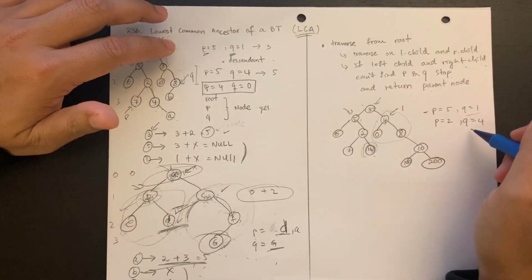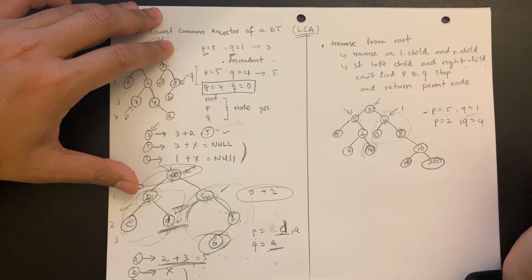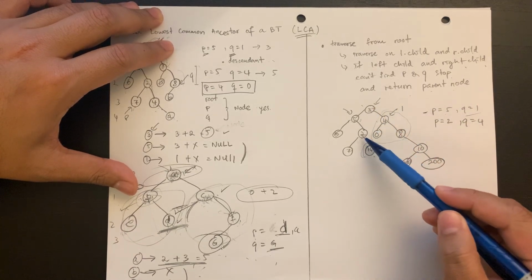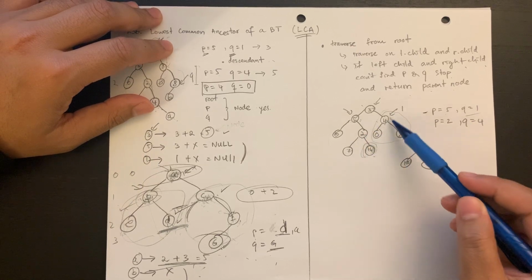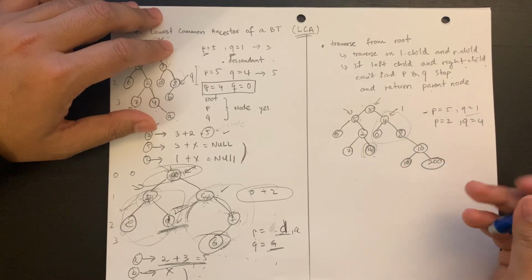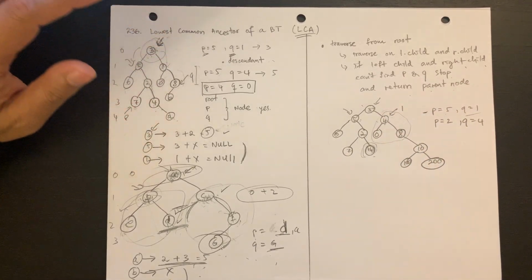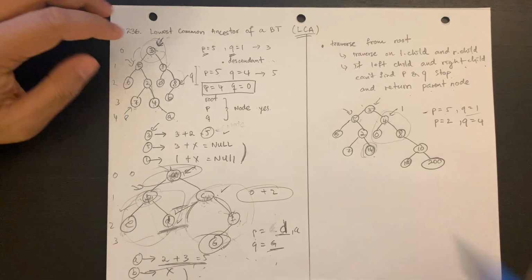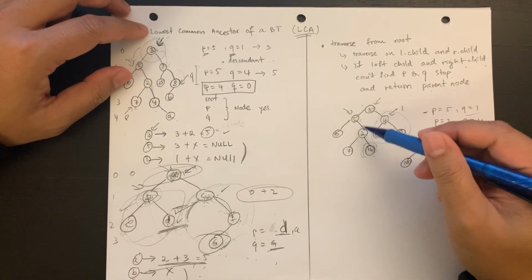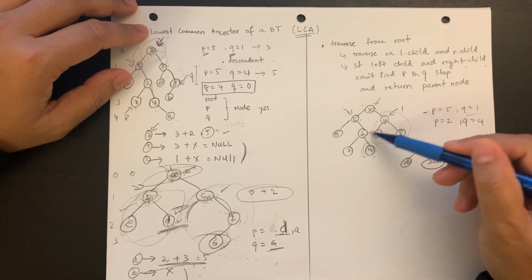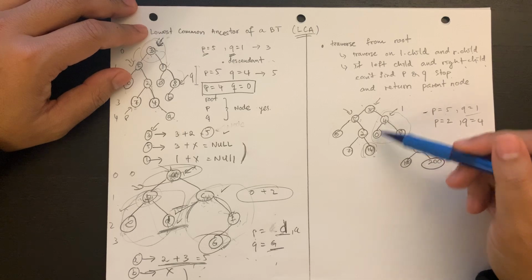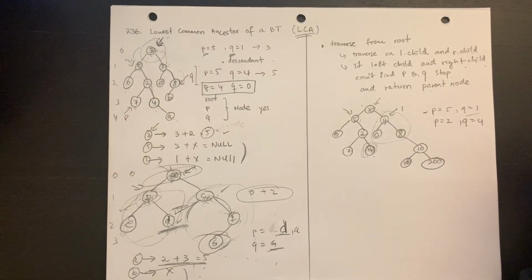So if that was the case, it would check here, it found here, and it found here. So 3 will find 2 and 4. 5 can't. 4 can't. So it only traverses 2 times, like 2n.